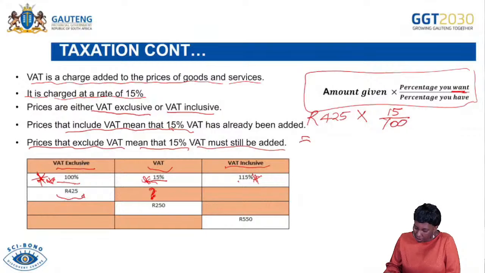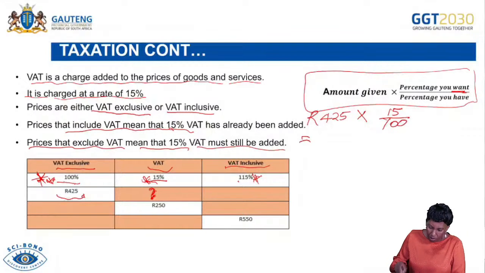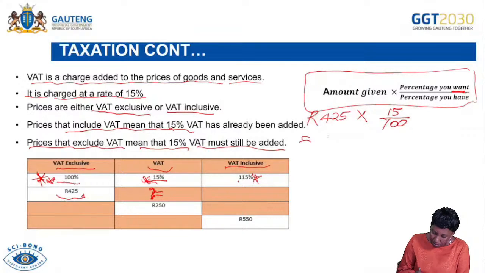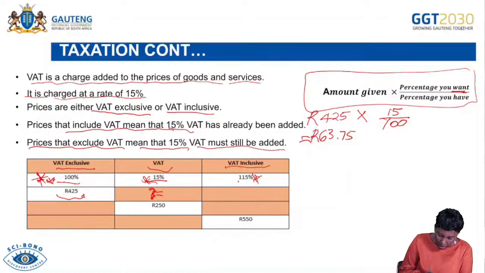So I always say, start by saying 15 divided by 100. It is 0.15, and then multiply it by 425. And then it will give me my missing amount, 63 rand 75. So meaning 15% of 425 will be 63 rand 75.